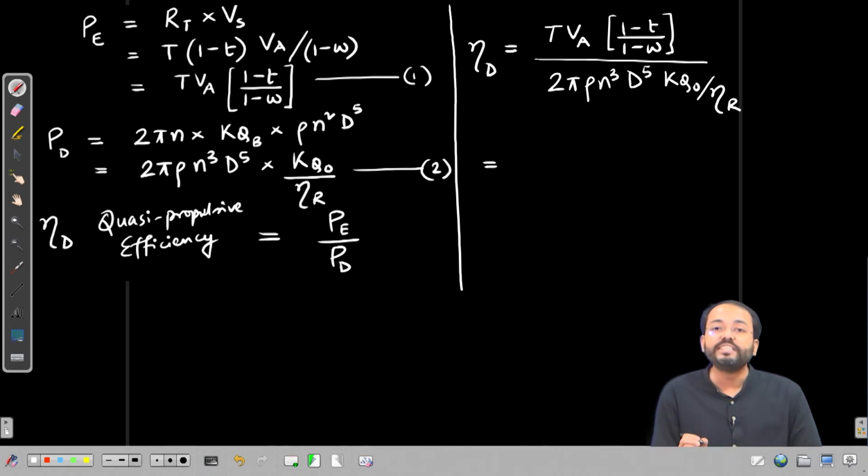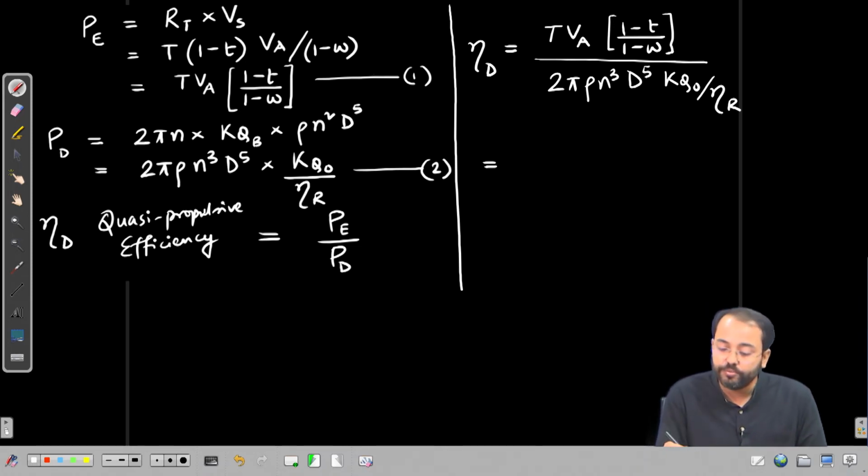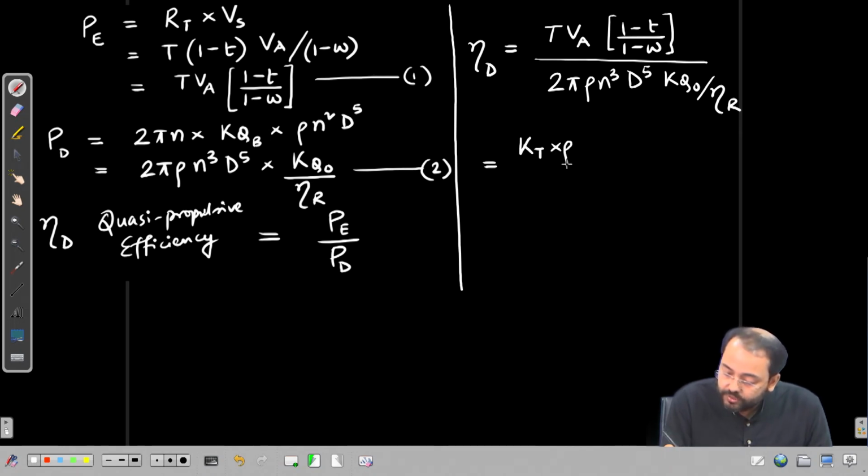Now, what is T? It can be expressed as thrust coefficient multiplied by rho n square D to the power 4. So, Kt into eta R will go in the numerator.